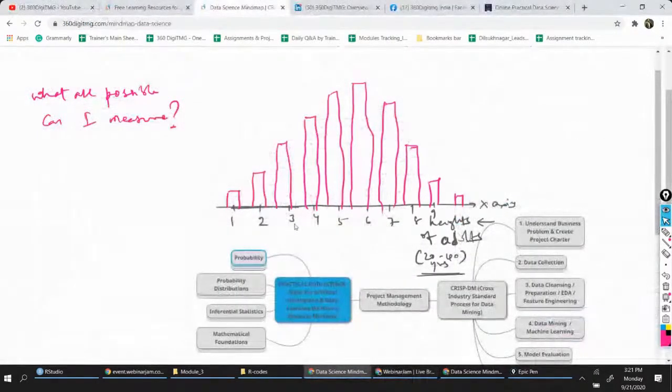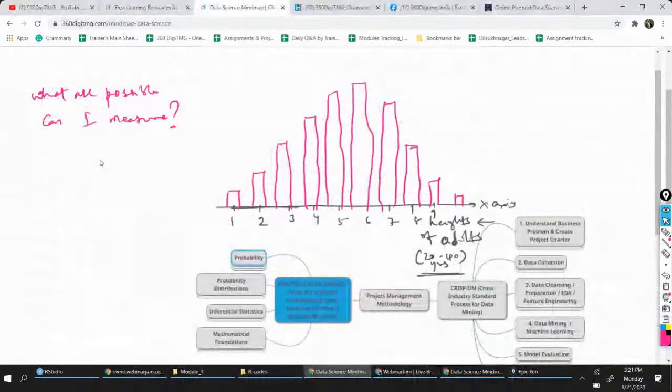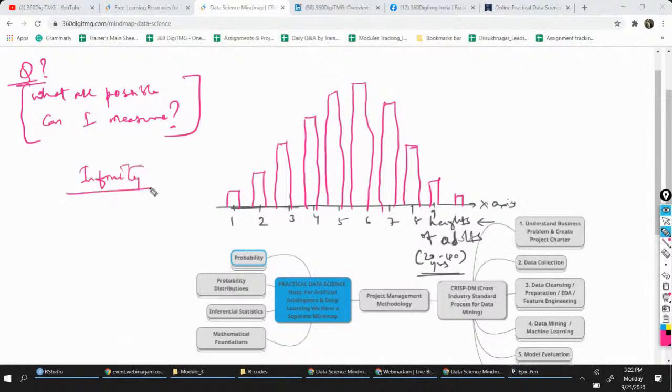So I might have 3.5, 3.6, or 5.5, 5.6, 5.8, 5.10. So the answer to this question is infinity.